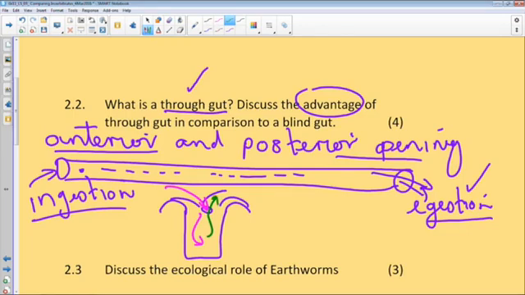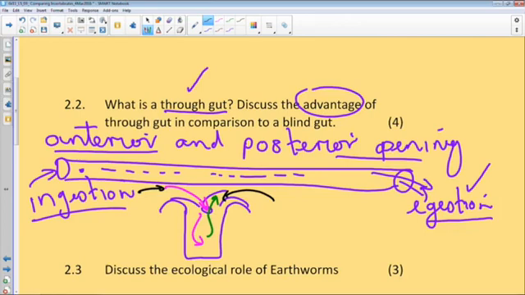So here we have ingestion occurring through the anterior end and the process of egestion occurring also through the same anterior opening.